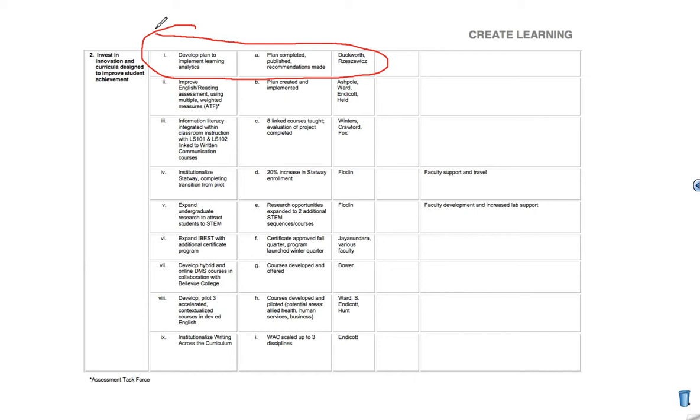We're really in an exciting period for the Washington State system of community and technical colleges, because a lot of institutions are moving to Canvas, which has some analytics tools built in, but also an open API, or application programming interface, so we can pull that data out of the system and merge it with other data from other sources.